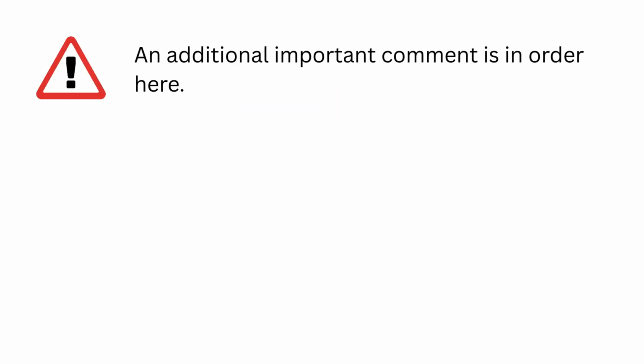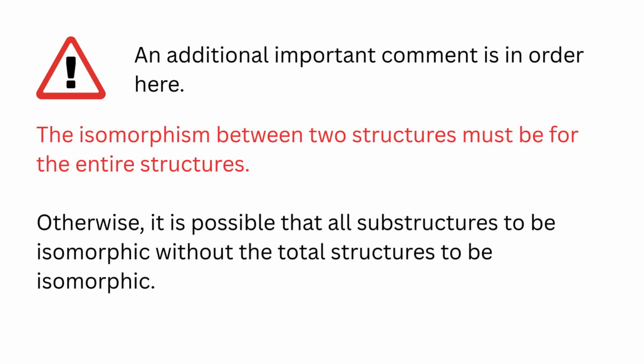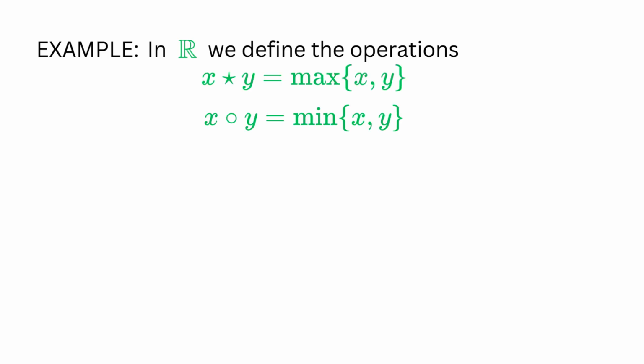An additional important comment is in order here. The isomorphism between two structures must be for the entire structures. Otherwise, it is possible that all substructures are isomorphic without the total structures being isomorphic. Let's see an example. In the set of real numbers, we define the two operations star and circle between two real numbers to be the maximum and minimum number respectively.